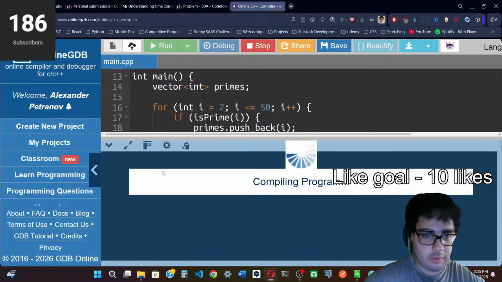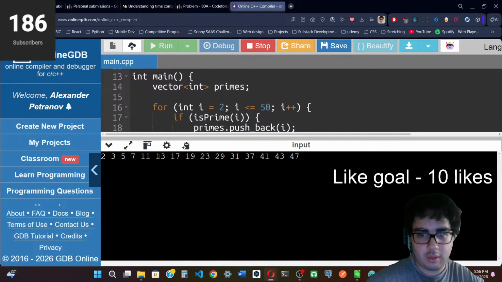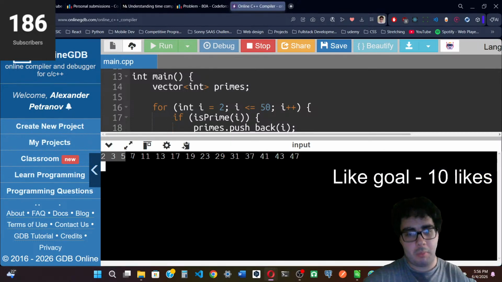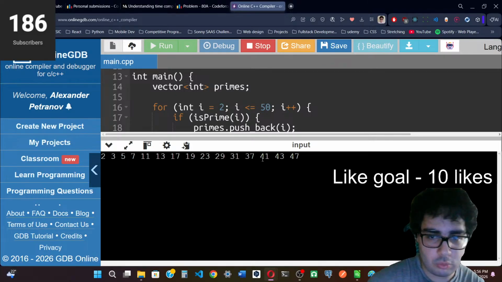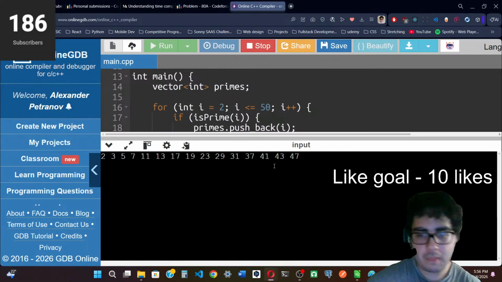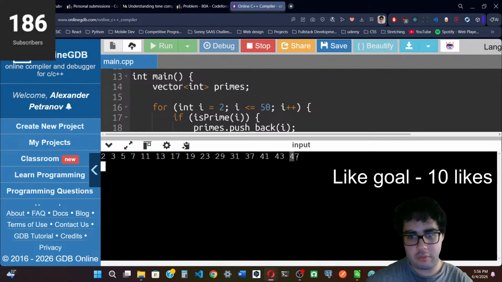All right, so these are all the prime numbers from 2 to 50. So if we get 47 as N, that means that there is no next prime number, so it's gonna return false. It's gonna get no.